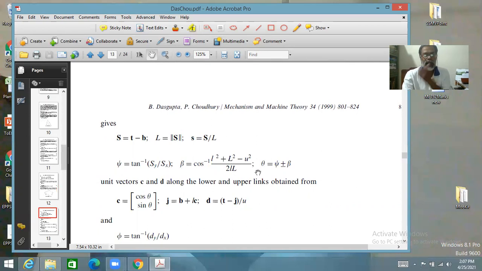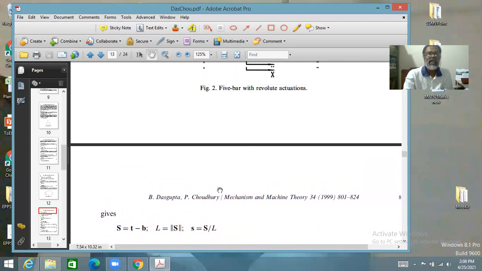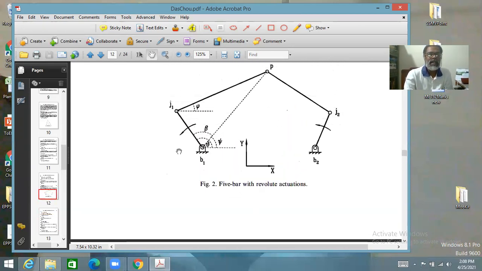Okay. And then you consider the unit vectors along the lower link and the upper link. So this unit vector will be C, this unit vector will be D. To be precise, C1, D1, and here it will be C2, D2.